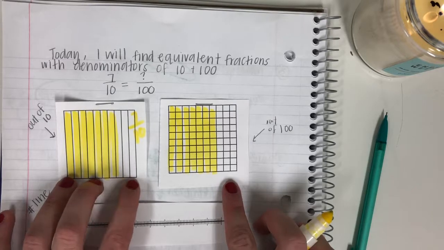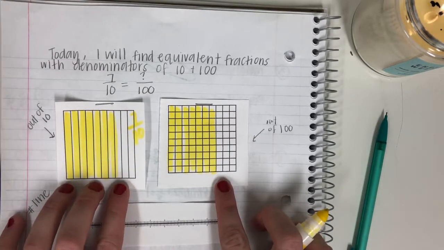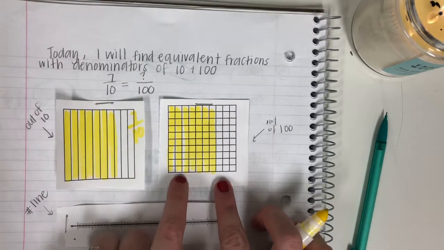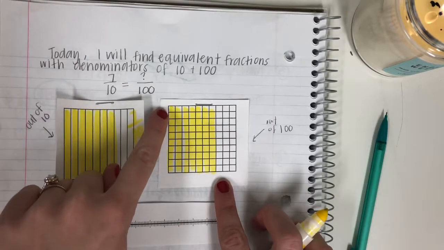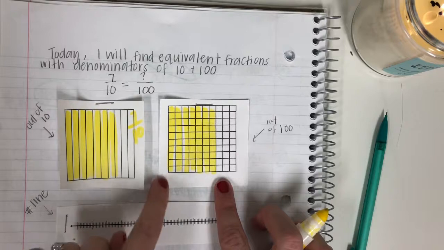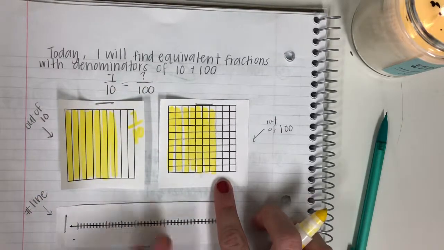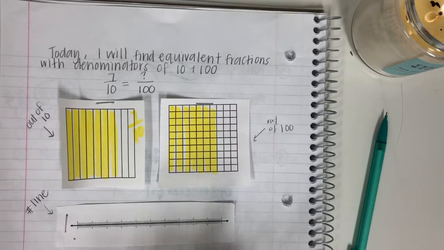So let's see, I have 3 blank and 3 blank here. So these are equivalent, but they're obviously different numbers, right? This is only 7, but look at all the blocks that it has in each row. So I counted 1, 2, 3, 4, 5, 6, 7, 8, 9, 10. 10 are in each row. I shaded 7. So 10 times 7 is 70.